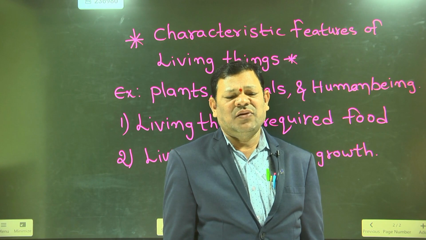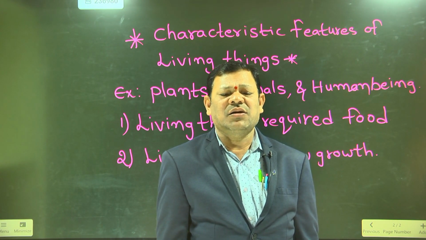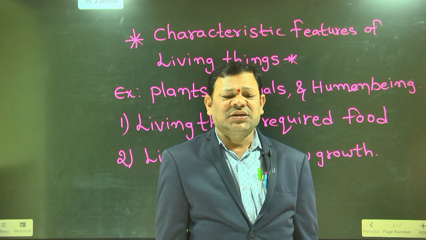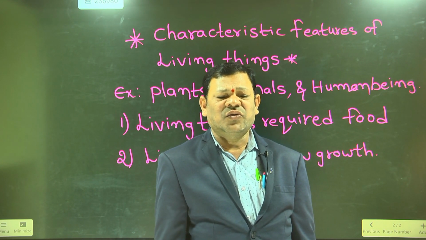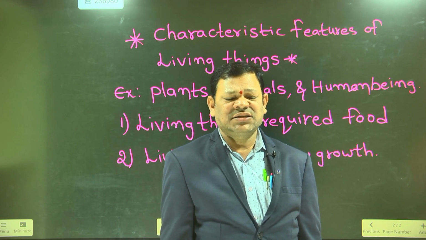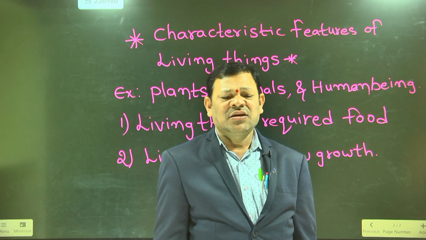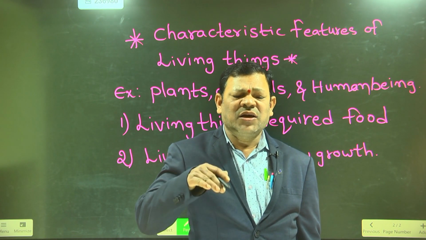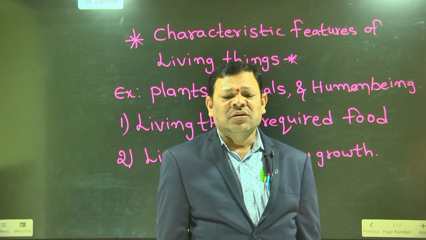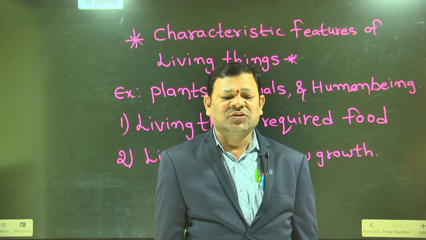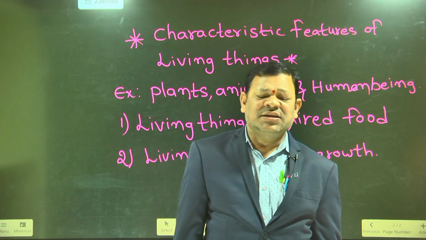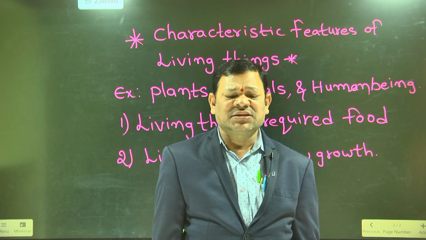For example, when you are born, you are a small baby. After 1 year, what are the changes? After 2 years, what are the changes? After 3 years? Little by little, step by step, you are growing. Are first class dresses suitable for a 10th class boy? No. For a 10th class girl?